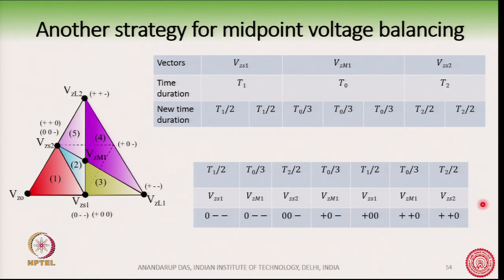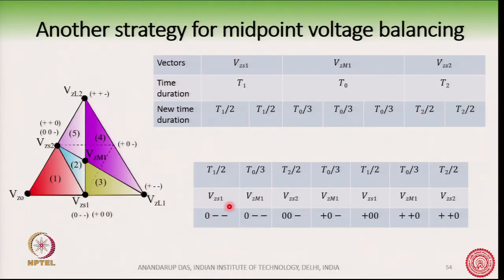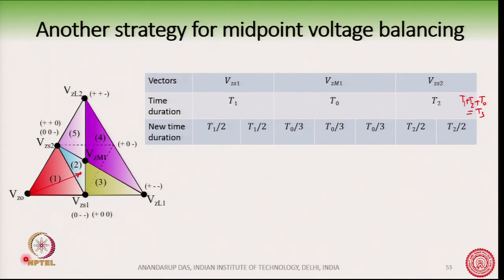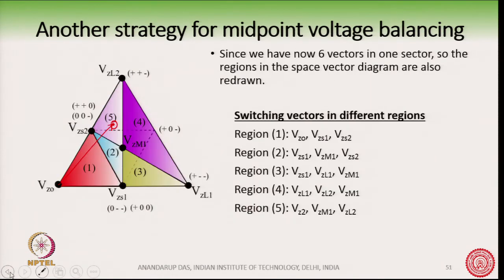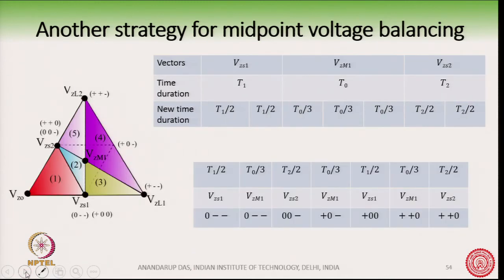Now, if you remember, I told you that Vz_S1 was half of 0 minus minus and plus 0 0. So, this 0 minus minus and plus 0 0 are here. Okay, that half. So, this is half of 0 minus minus and half of plus 0 0.